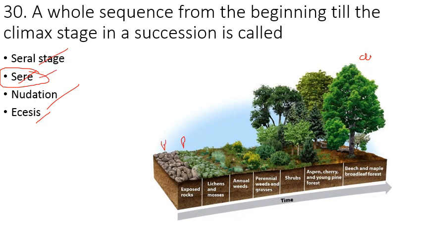Pioneer community means the initial plant which inhabits the bare area or bare rock, to the climax community, which forms an equilibrium with the environmental condition. So the communities which occur in between are known as serial communities or serial stages.